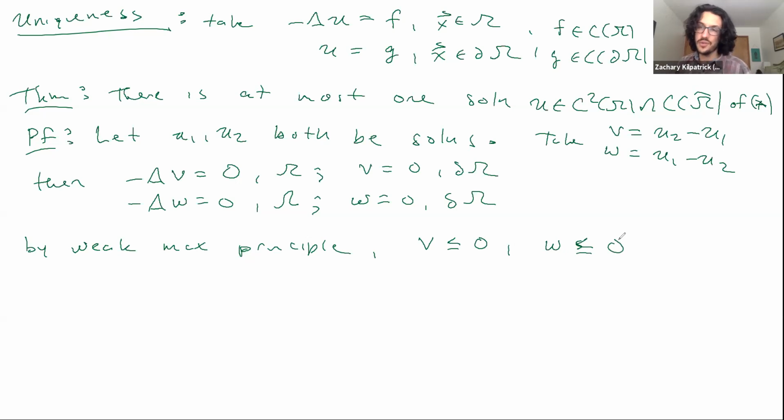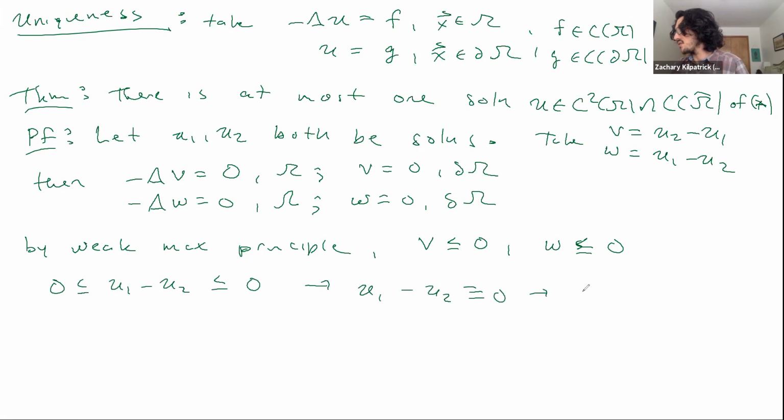You could also just use the max and minimum principle on either V or W. That would work fine too. But what this means is that U1 minus U2 is squeezed between 0, which implies that U1 minus U2 is equivalently 0, or U1 is strictly equal to U2.